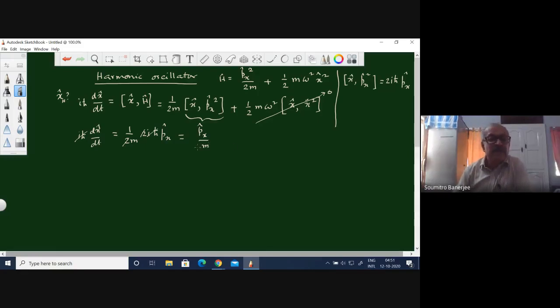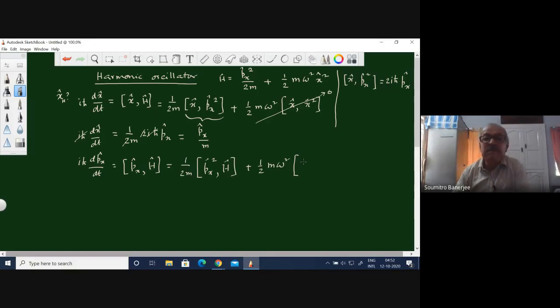So far so good. Similarly, we can also find the operator for p and its equation. So it will become i h cross dpx/dt is equal to, in this case, px operator commuting with this: 1 by twice m, px comma px square, plus half m omega square, px comma x operator square.